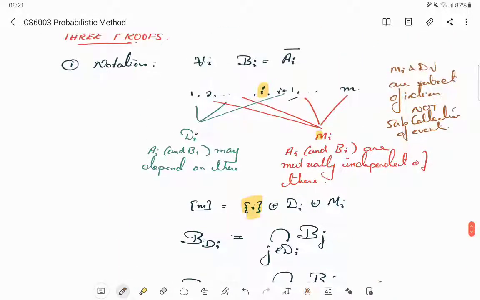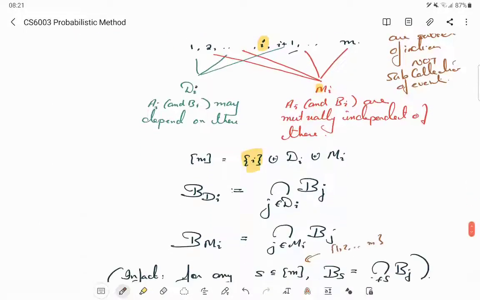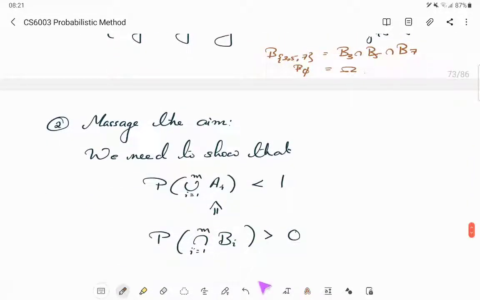Now remember, what is our aim? Our aim is to show that the union of the Ai's has a probability strictly less than 1. But in all the proofs, instead of showing this, we will show something equivalent to this. Okay, so that's what I mean when I say that we are massaging the aim, right?